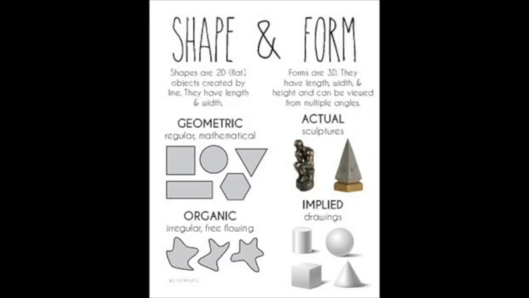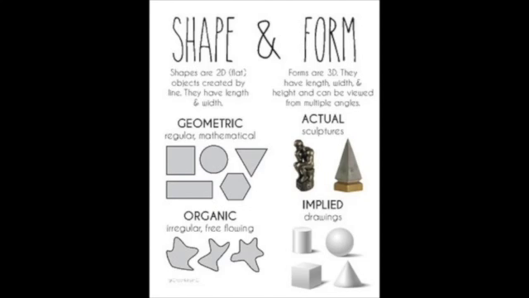Let's look at a few more examples. So here are some examples of shapes and form. On the left, you'll see geometric shapes like triangles and circles. And then below that, you'll see organic shapes, which look kind of like blobs. On the right side, you'll see forms. Actual forms, which are sculptures that you could actually touch, which you could also think of as real forms.